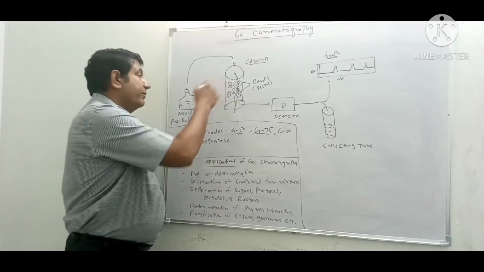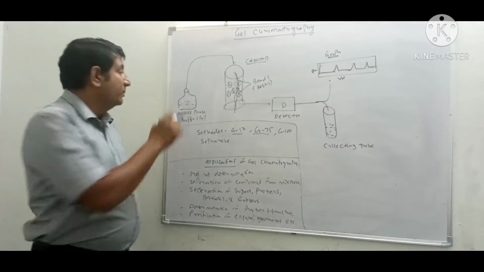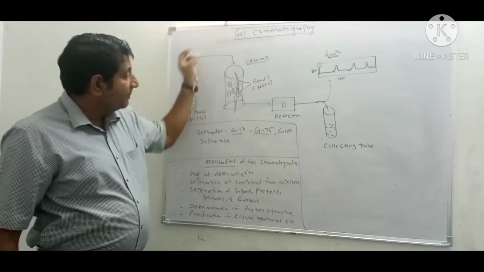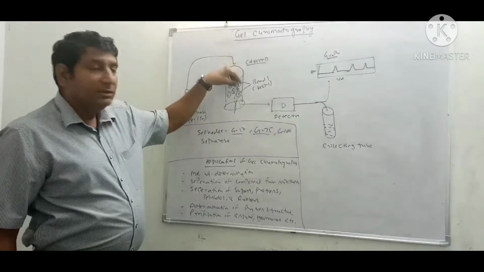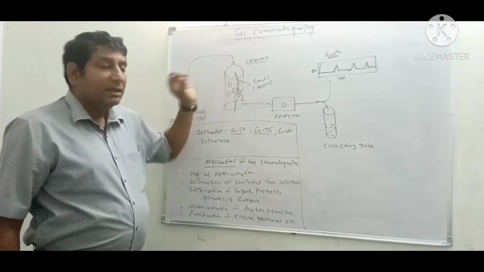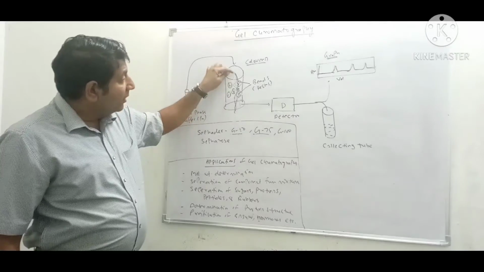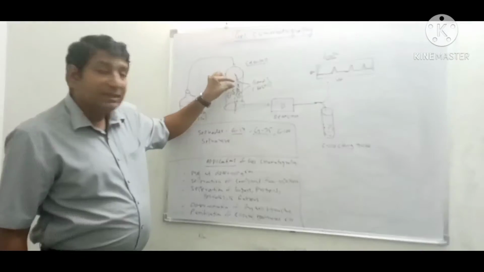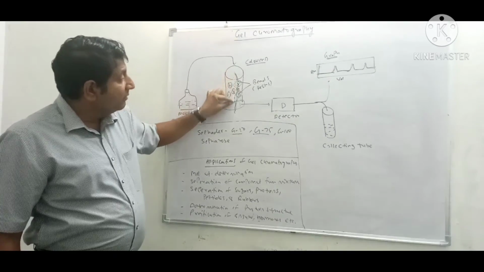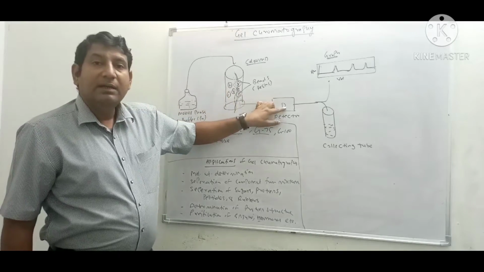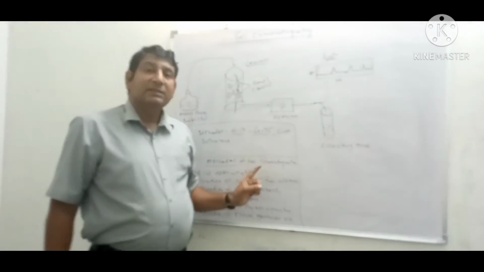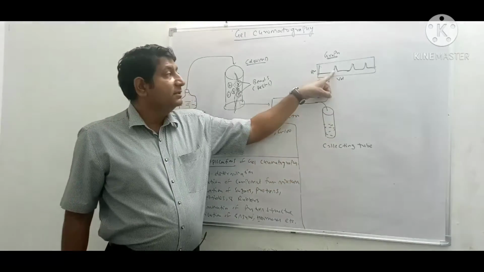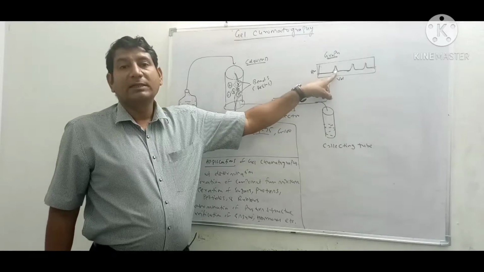Now when we add the solute or substance to be separated into the mobile phase, the particles enter through the mobile phase into the column. The particles which are larger in size cannot pass through the beads, but they pass through the voids and enter the detector. The detector detects the particles and it is collected in the collecting tube, and here we see the peak of the larger particles.